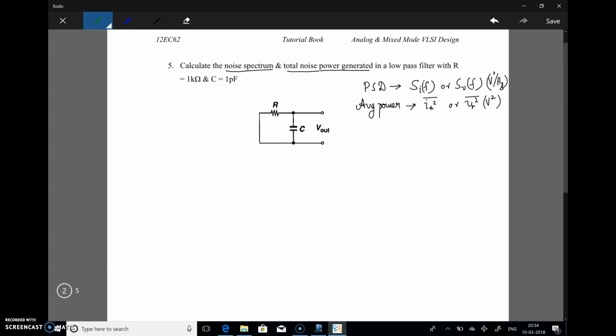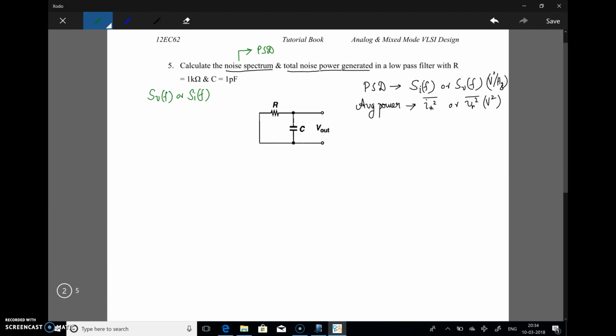When I say noise spectrum, the spectrum can be obtained only from the power spectral density. So if you can get SV of F or SI of F, from that you can definitely draw the spectrum. So to find the spectrum, what you should find first is the power spectral density, and we know how to find that.